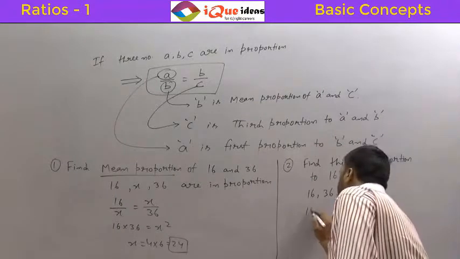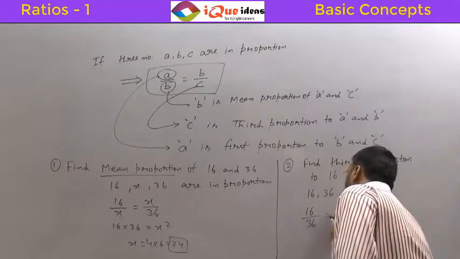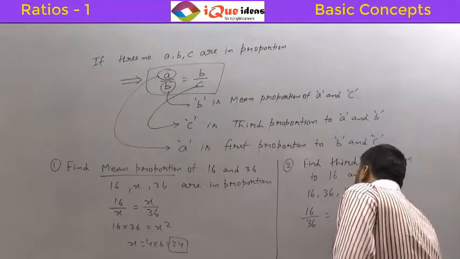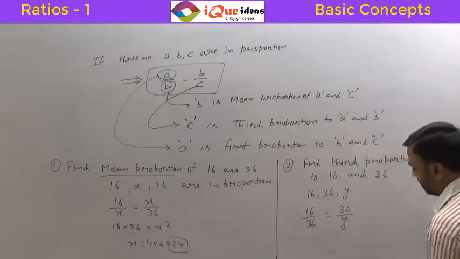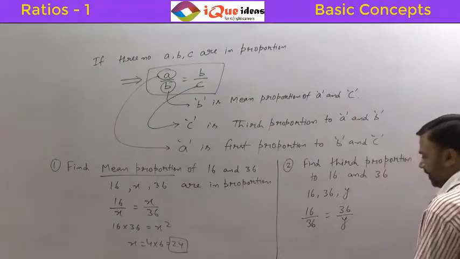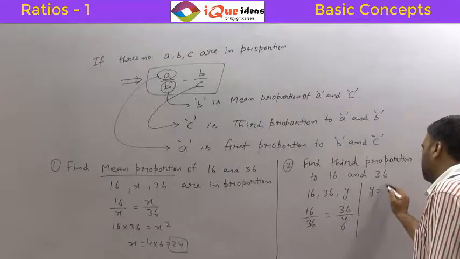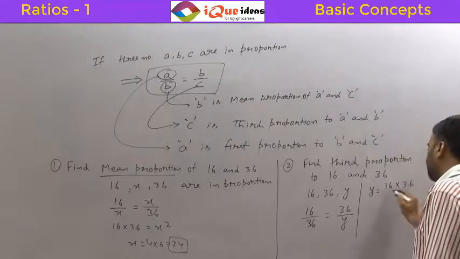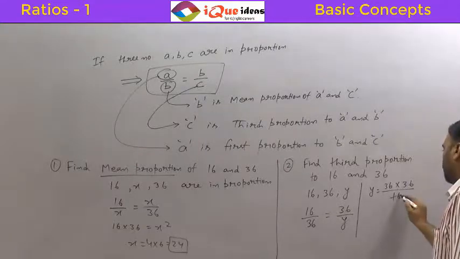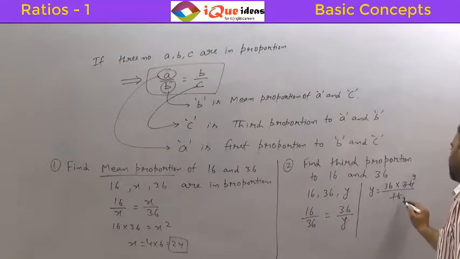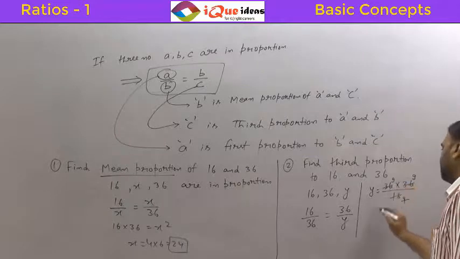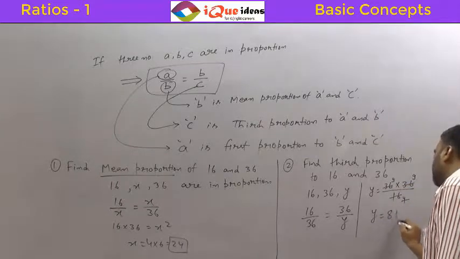And we write this as 16 upon 36 equal to 36 upon y. And if you simplify, you'll get the value of y. So y is equal to 36 into 36 divided by 16. So 4 times 9 and 4 times 9. So we get y is equal to 81.